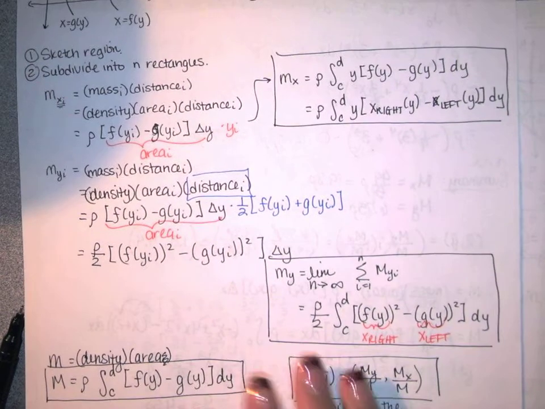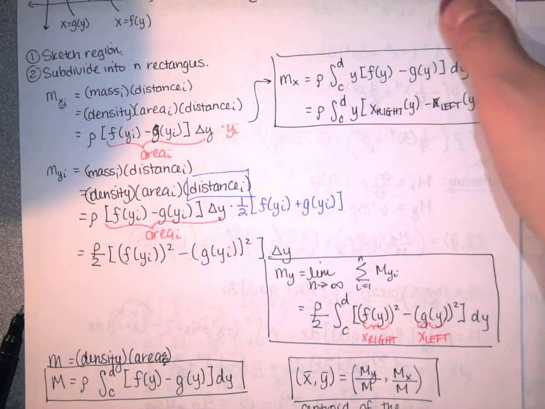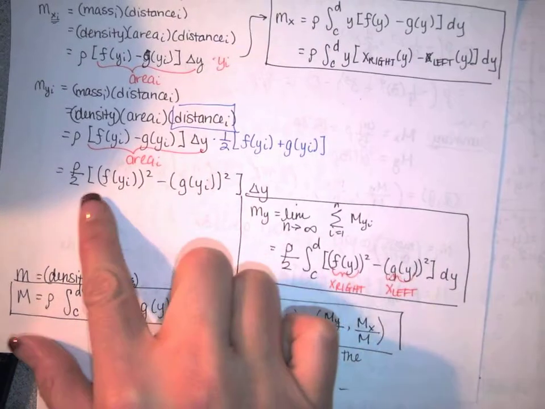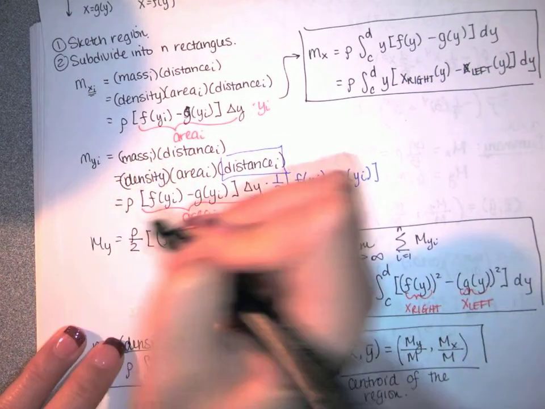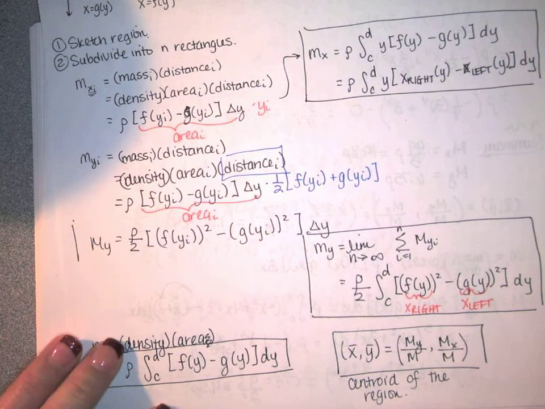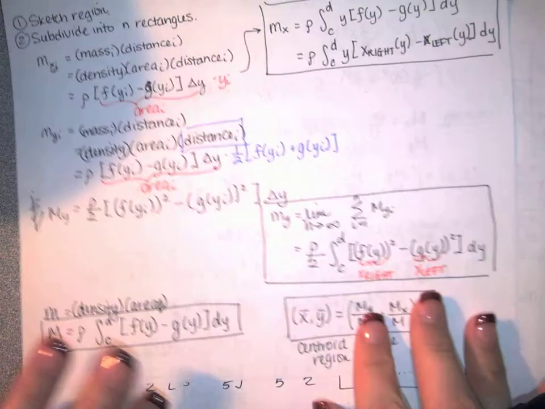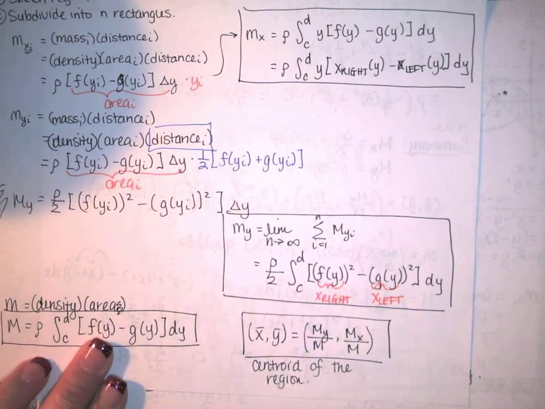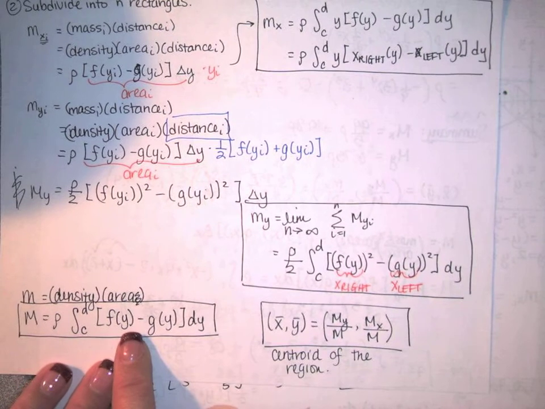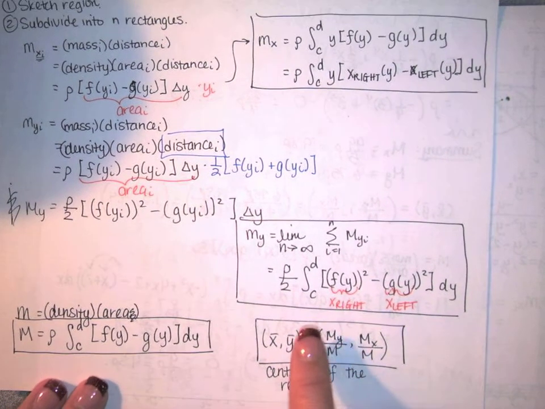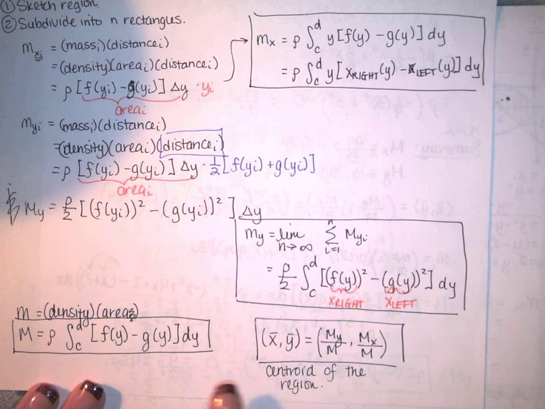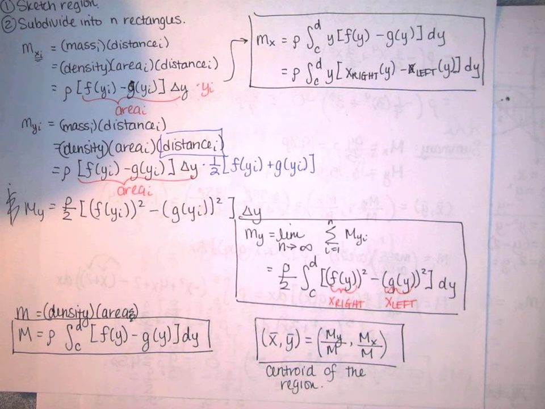Moments about the y-axis are given this way. I didn't put a box around it, but I should have. Oops, no, I did put a box around it. The box is down here. That's the moment about the y-axis. And that's my mass, density times area. And center of mass is just taking those moments and dividing by the mass, and we get the centroid, or the center of mass of the region.